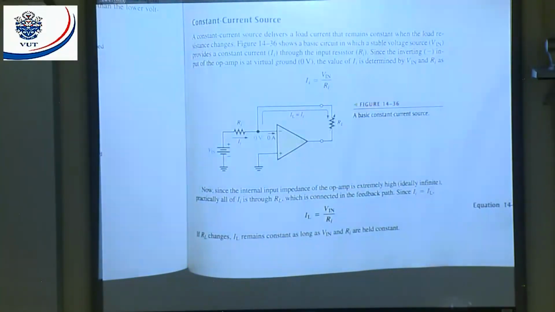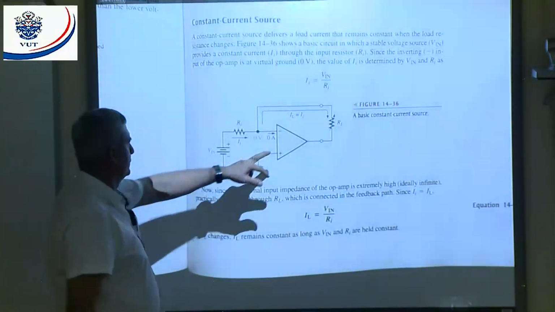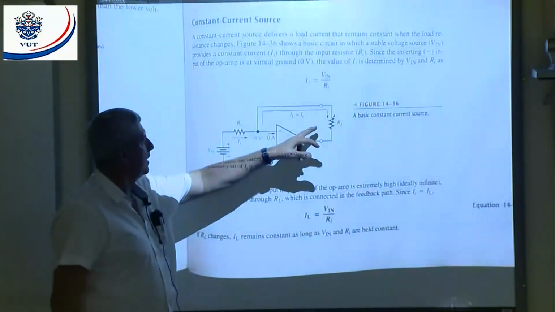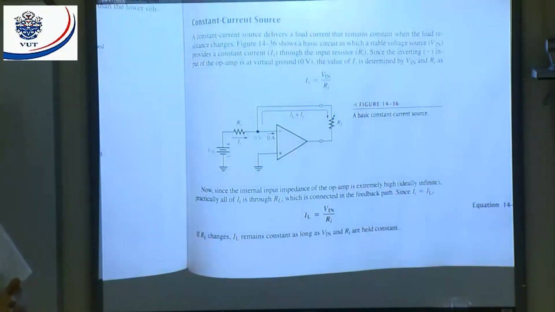That means if I vary my load, see here, I vary the load, that current is going to stay constant. All right, up to a certain stage. If you made your load resistance very high, the op-amp, if the op-amp had infinite supply voltage, then it will work. But it can only do it in a certain area.